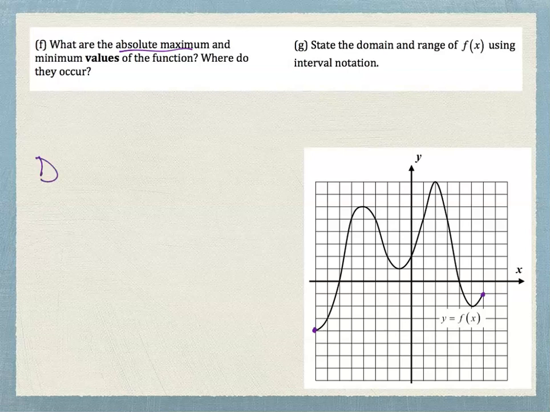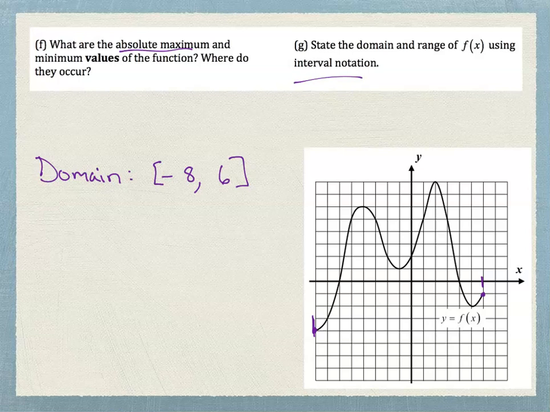The domain goes from left to right, and I'm doing this in interval notation. The farthest left I go is right here, which is -8, and that is closed, so we include it. I go all the way out here to 6. My domain goes from -8 to 6.